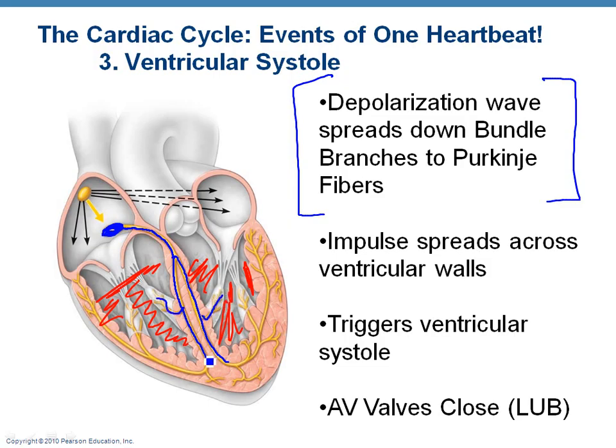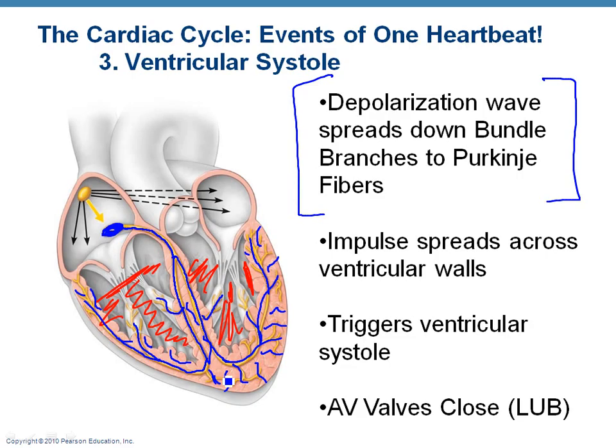And then up these Purkinje fibers. Hopefully you're starting to learn about some of these things and seeing these on the models in the laboratory. And then just like with the atria, those are all parts of your cardiac conduction system, and then that depolarization wave will spread from there across the muscular walls of the ventricles. Okay?